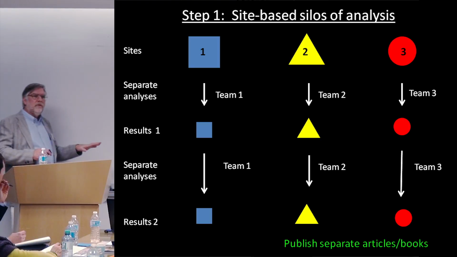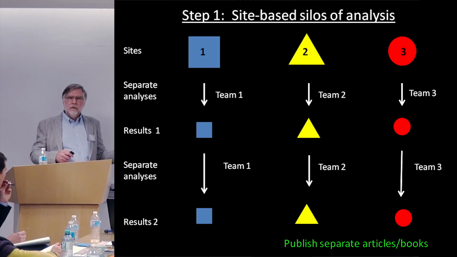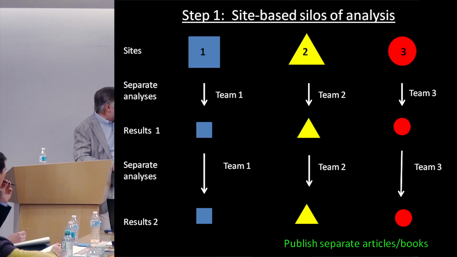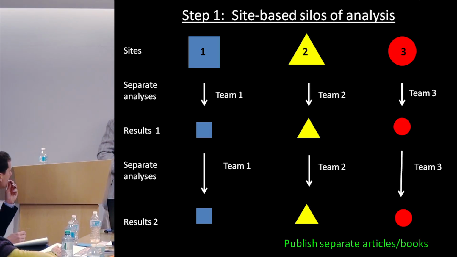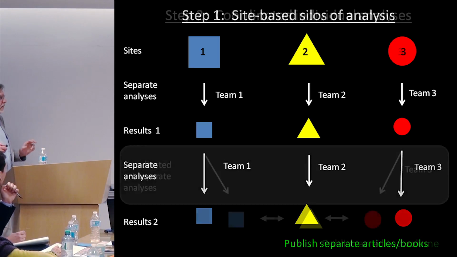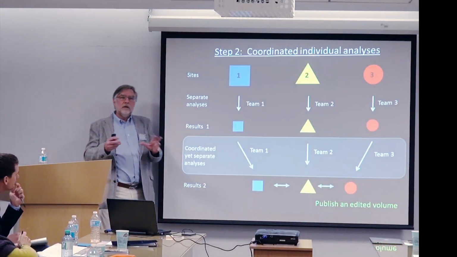So I gave a talk to a group of Mayanists, and I thought I'd throw this in, this is how Mayanists do analyses. They have a site, they have a team, they get results, they do some more analyses, they end up with results, and they publish them separately. But then sometimes the Mayanists get together, and they coordinate things, and they talk to one another.